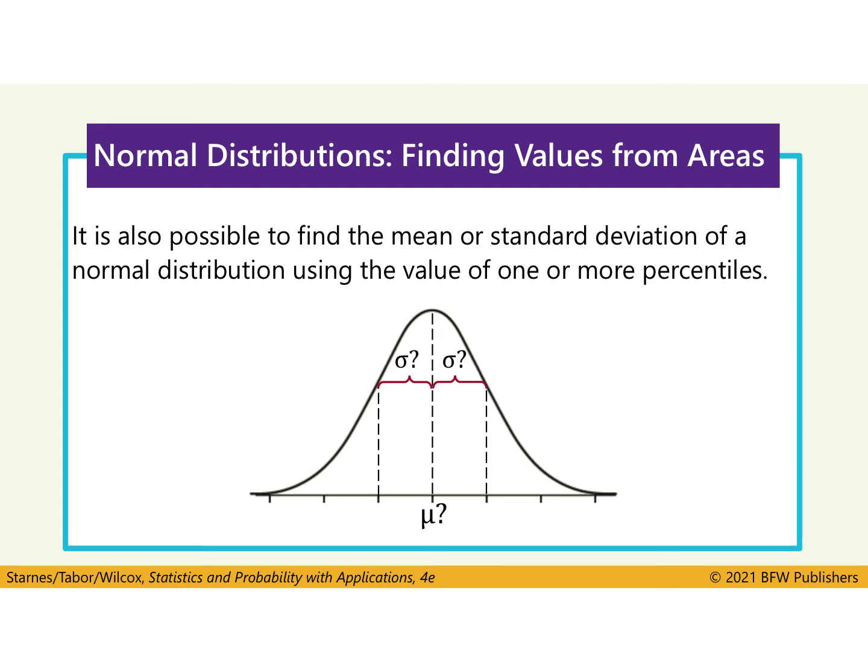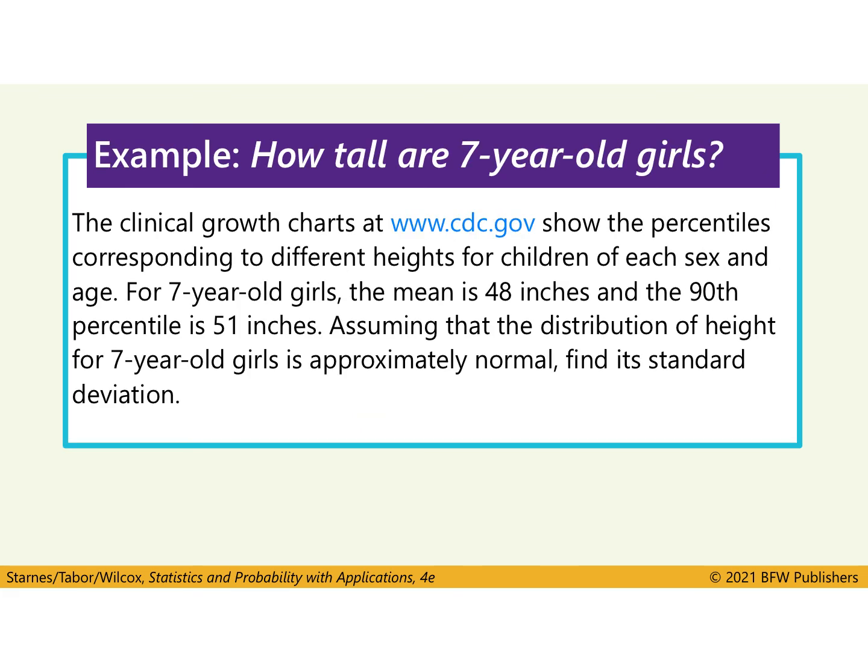Okay, so it's also possible to find a mean or standard deviation of a normal distribution if I know a value and one or more percentiles. So here we have information about 7-year-old girls. The clinical growth charts at the cdc.gov show the percentiles corresponding to different heights for children of each sex and age. For 7-year-old girls, the mean, here's information, right?